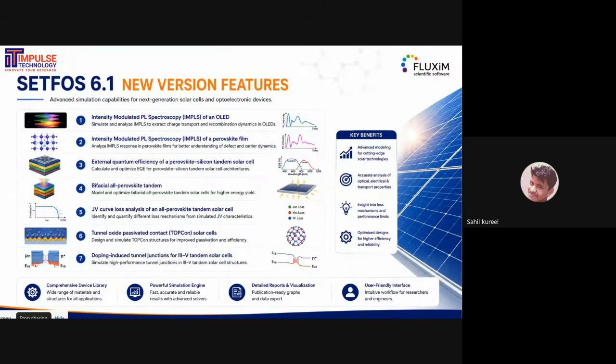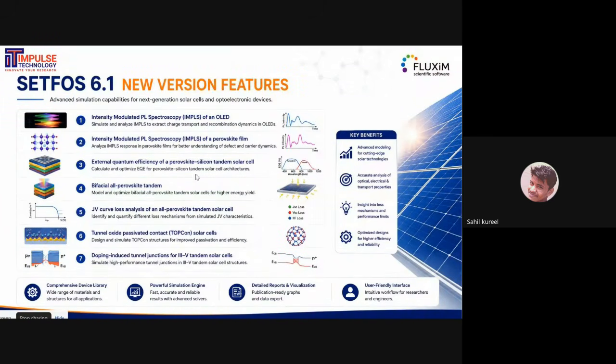We are now using the current version of SETFOS, but within 1 week the new version, SETFOS 6.1, will be available, with advanced features such as intensity modulated photoluminescence spectroscopy of an OLED for perovskite, as well as external quantum efficiency of perovskite-silicon tandem solar cells.